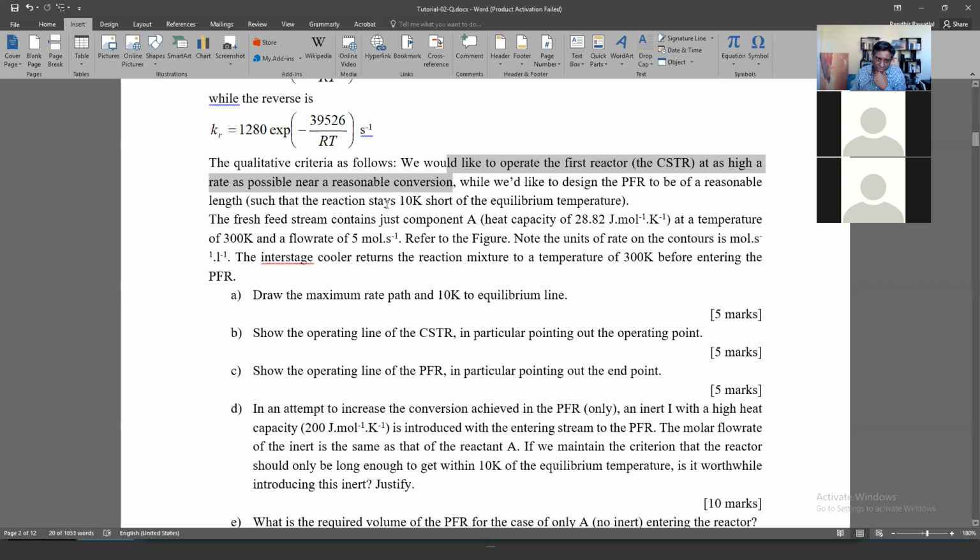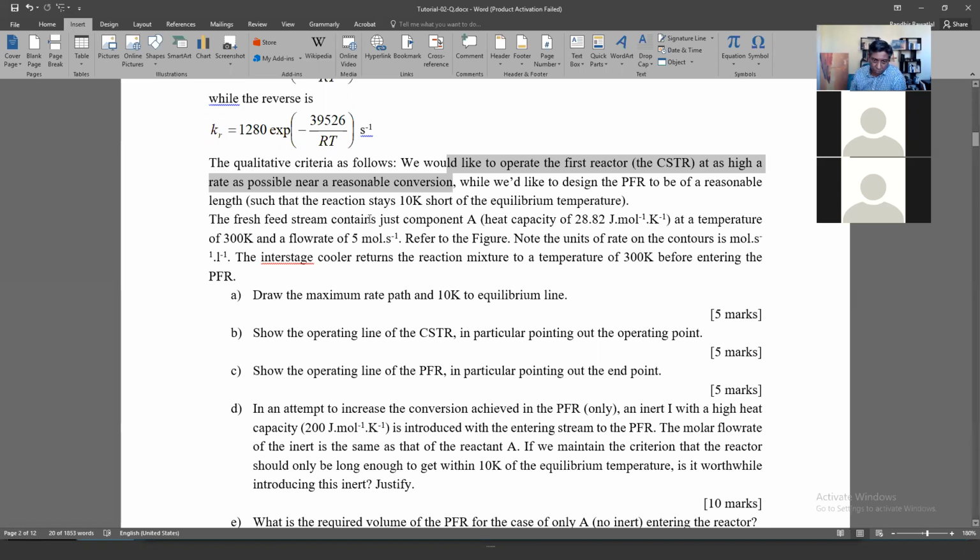So you want to stay inside of 10 Kelvin away from equilibrium, and you are accepting that as being your criterion for the PFR. And as I say, this is kind of a high-level way of giving a design spec, but if you follow the lectures, and as we'll show just now, this is actually enough to precisely design these reactors.